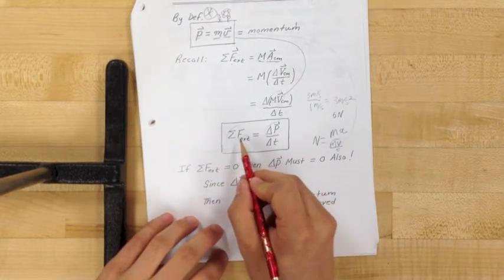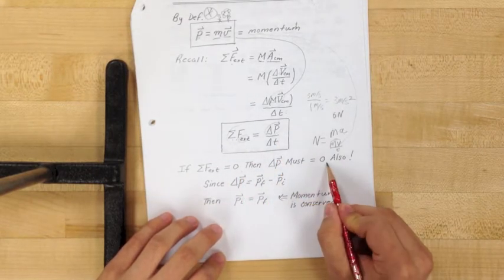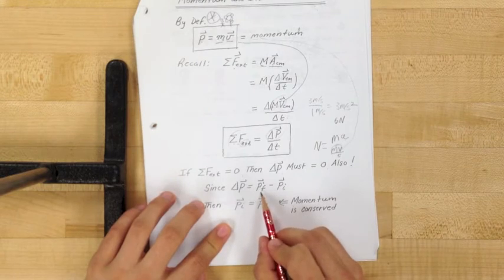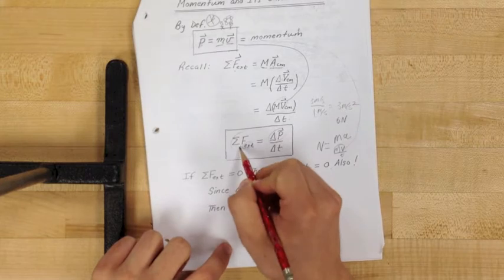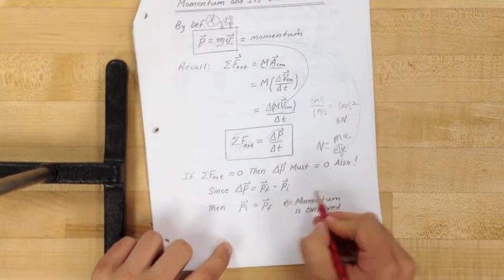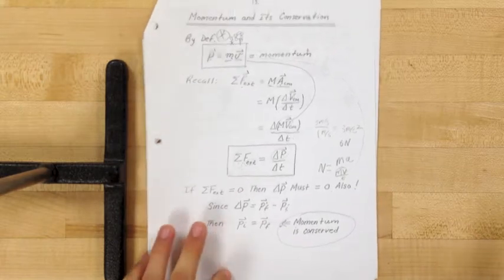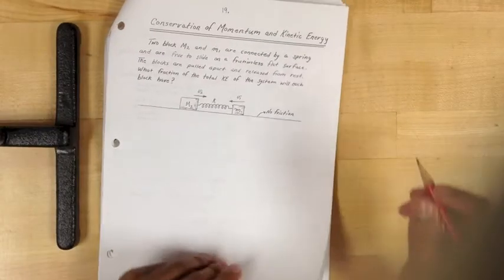So, if the sum of forces is equal to 0, then your delta p has to be 0. And since delta p is equal to final momentum minus initial momentum, when all forces equal 0, momentum is conserved, which is the basis for most of physics. Momentum conservation.